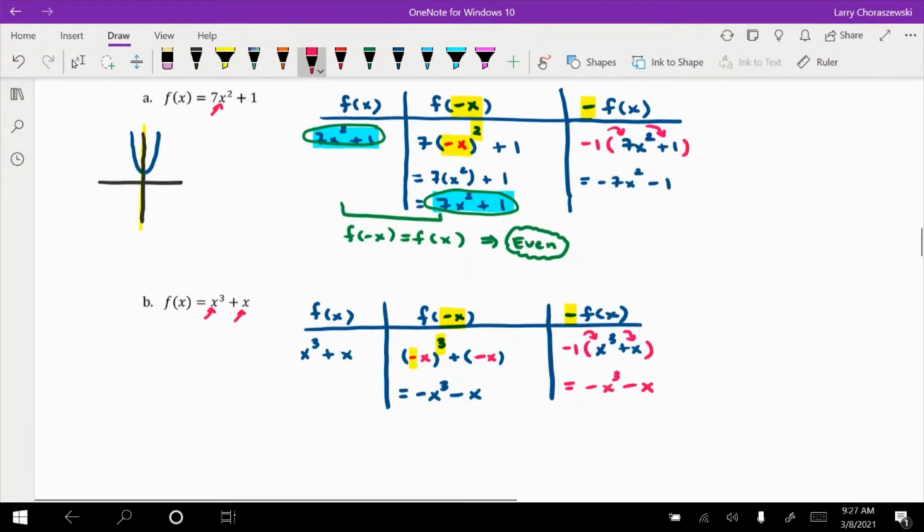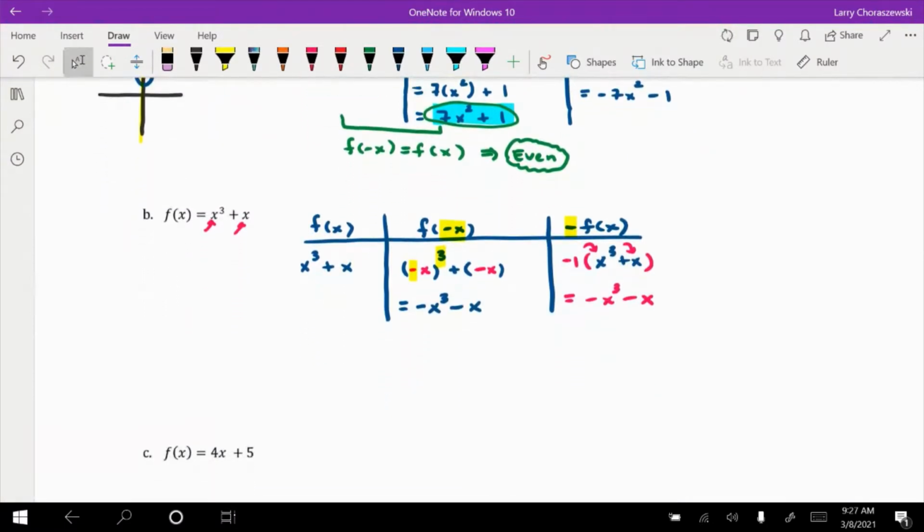Now, do any of the expressions within the table match each other? About negative x cubed minus x, negative x cubed minus x.